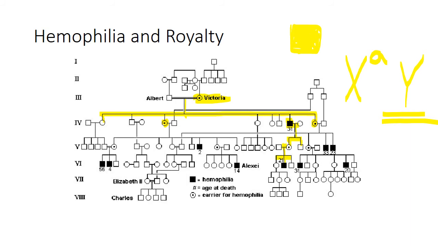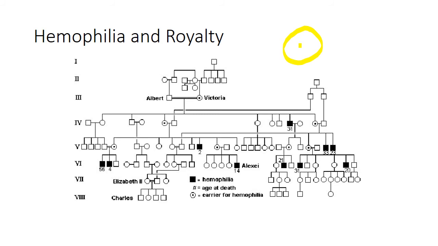And now we're able to look and see a couple of things from here. But you can tell this is a sex-linked pedigree due to a couple of things. The first thing that you can tell is females are mostly carriers. You never see a male carrier, you see only female carriers.